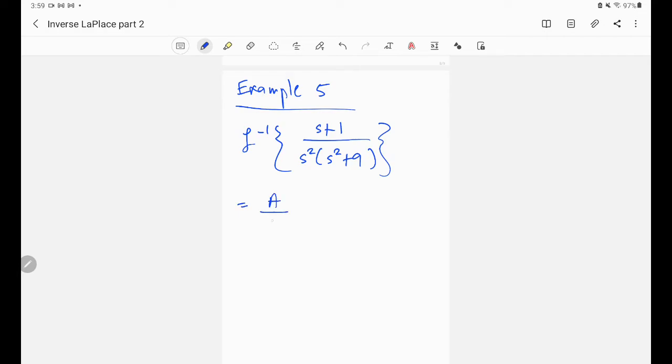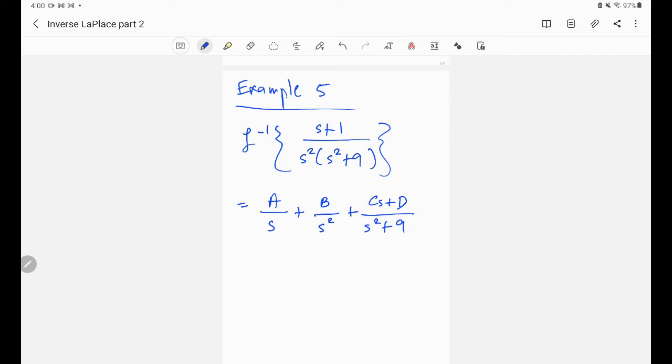But this one looks different a bit because we have a quadratic in the denominator. And you cannot factorize it without using an imaginary number, so we don't use that. So when you want to use partial fractions and there is a quadratic in the denominator, you need to change your numerator like this.